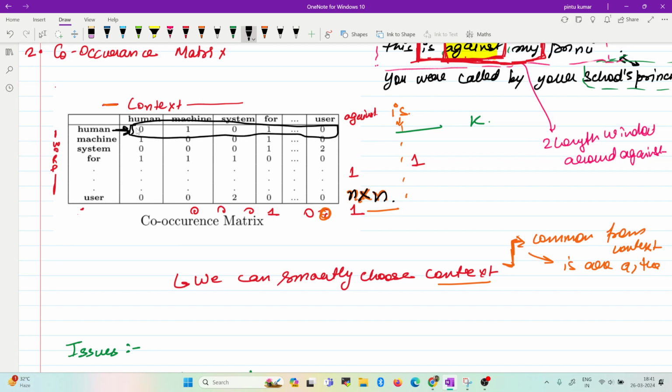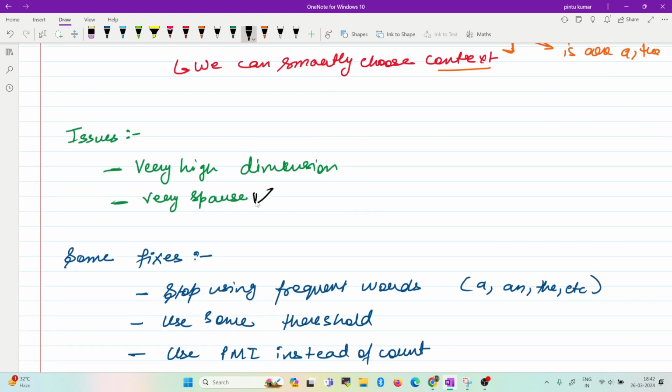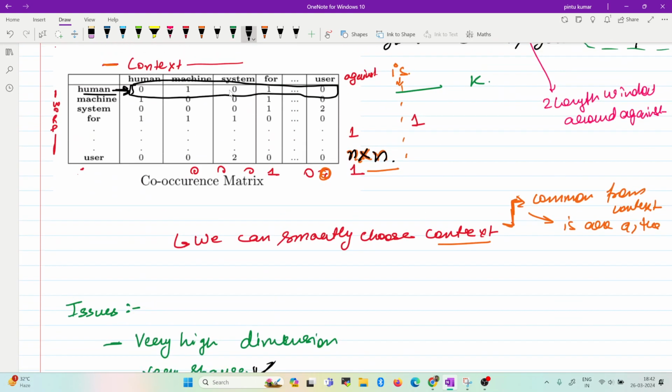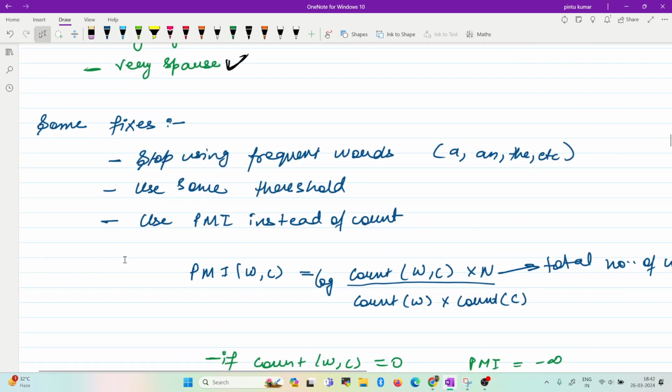If you want to make some prediction on this word "human", this is the vector that you should pass to your network for the downstream task, or the underlying task. Another issue is that it's still very sparse: there are few entries which are non-zero and many entries which are zero. So these are two issues.